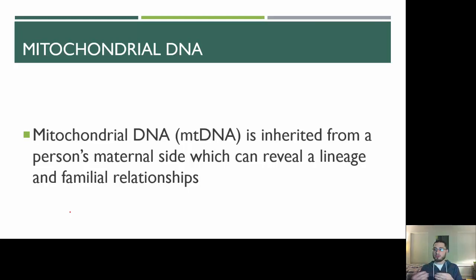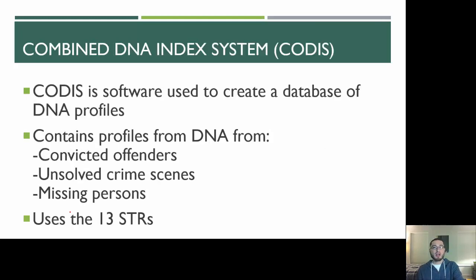And if you're a male, your child is going to get your wife's or your significant other's mitochondrial DNA. And if you're a female, then your child is going to get your mitochondrial DNA that you got from your mother, that got from her mother, that got from her mother. So we can use this to look at lineage or familial relationships.